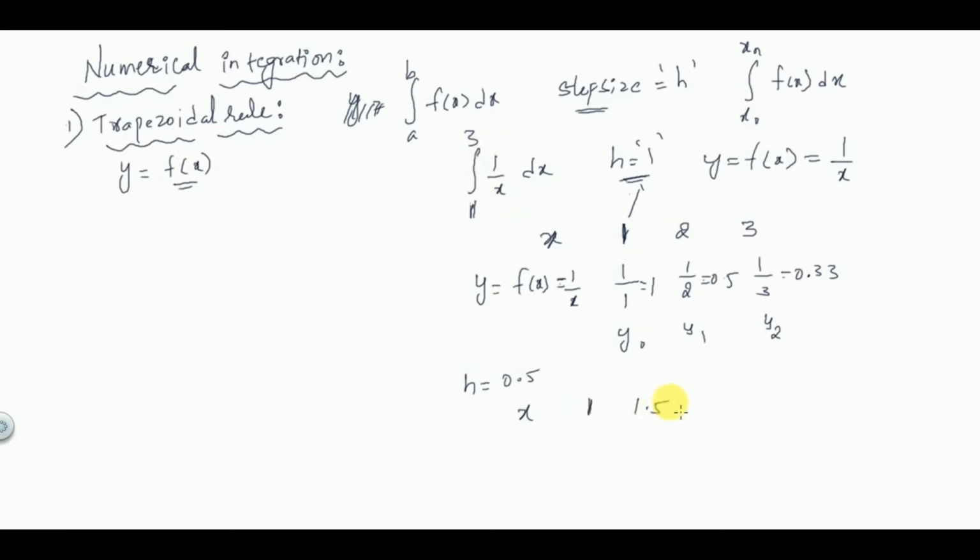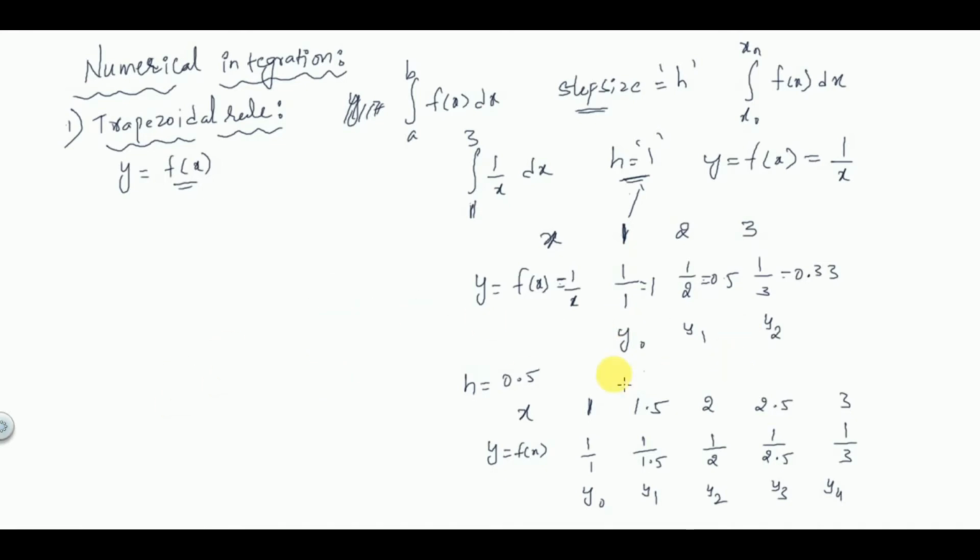So 1, 1.5, 2, 2.5, 3. Now y is equal to f of x: 1 by 1, 1 by 1.5, 1 by 2, 1 by 2.5, and 1 by 3. This becomes y0, y1, y2, y3, y4. Similarly, if the step size is 0.25, we'll get correspondingly 9 values.